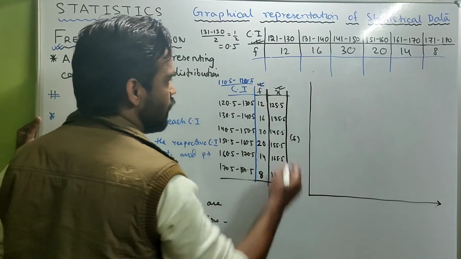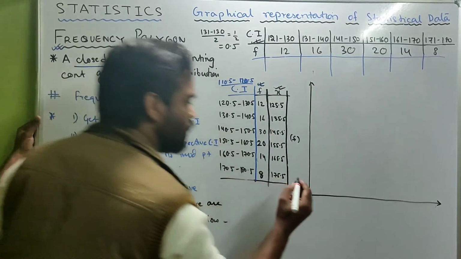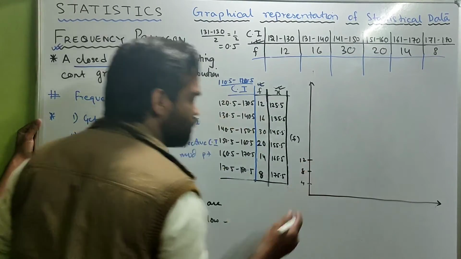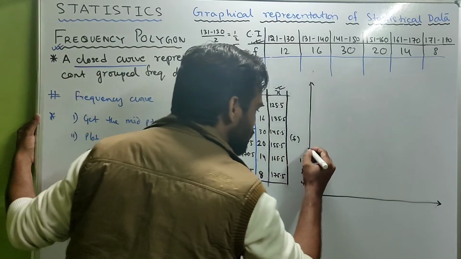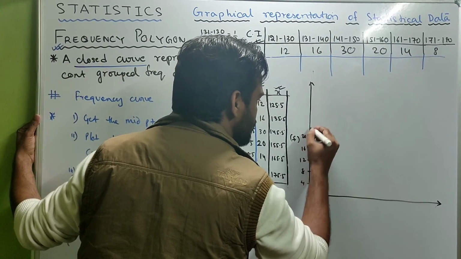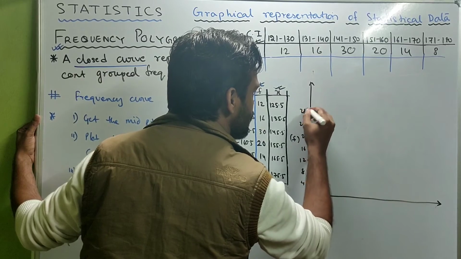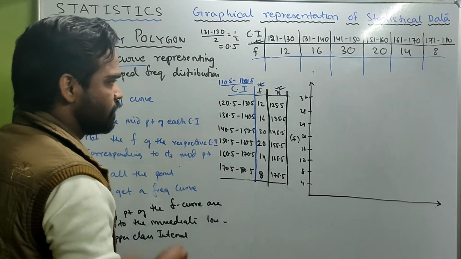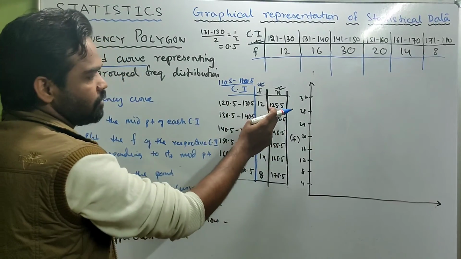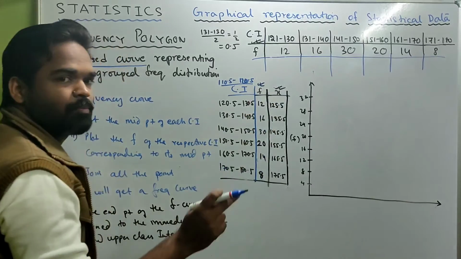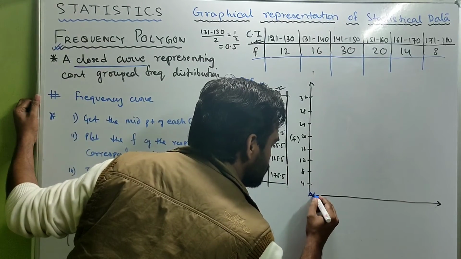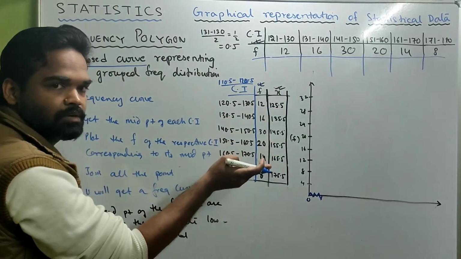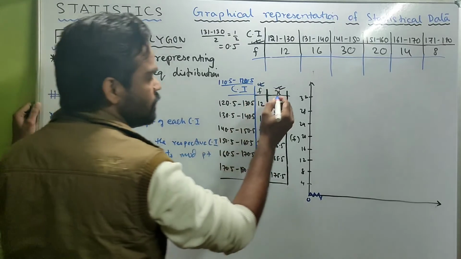Now, the highest frequency is 30, so I'll take 2 centimeters as 4 units. I told you, if the scale is not given, it's up to you. So 4, 8, 12, 16, 20, 24, 28, 32 is the frequency along the y-axis. Along the x-axis, I'll mark the midpoints. It starts from 125.5, so I'll give a kink; this is 0. Before this, what will be our class mark?